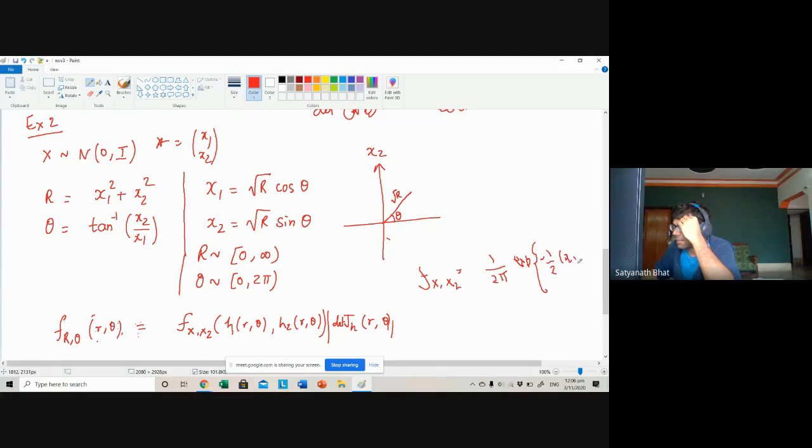Okay, I will write it simply as x1 squared plus x2 squared. Now we are ready to apply the formula, right?